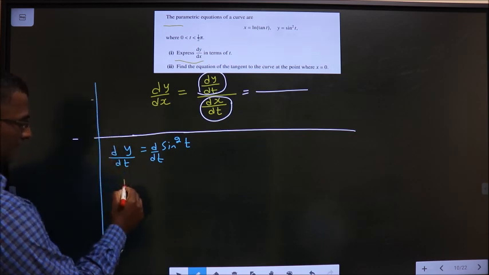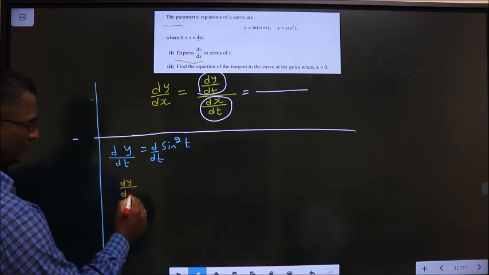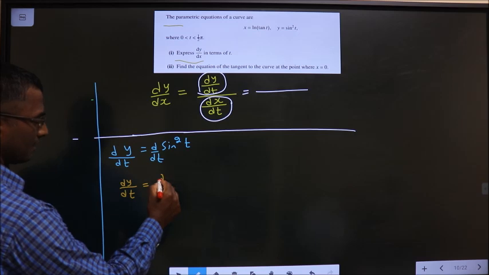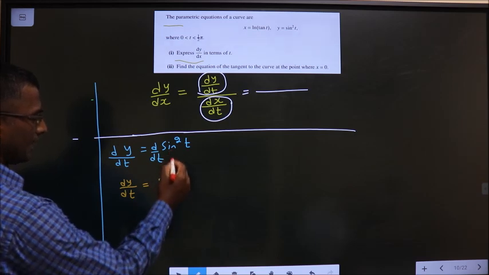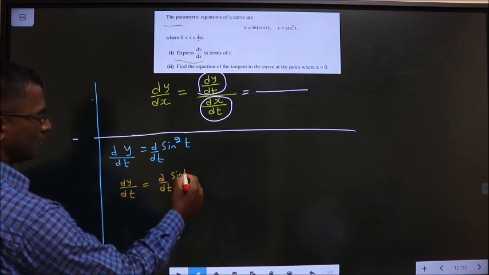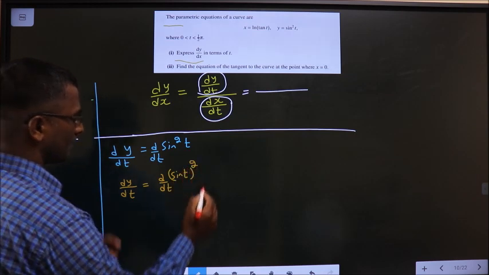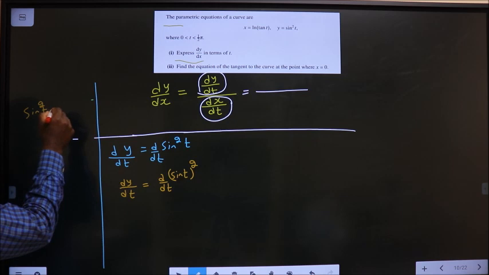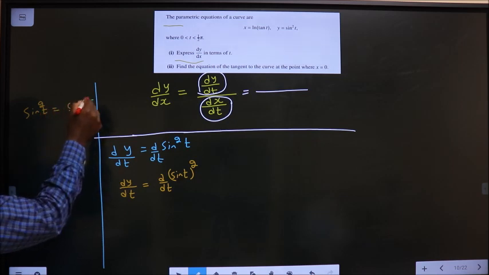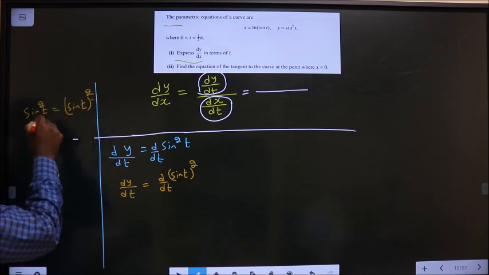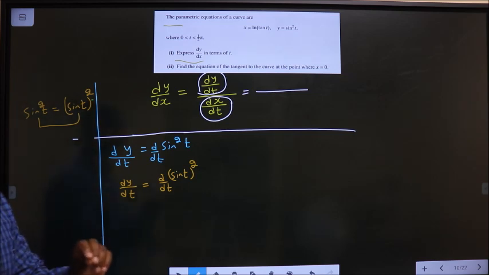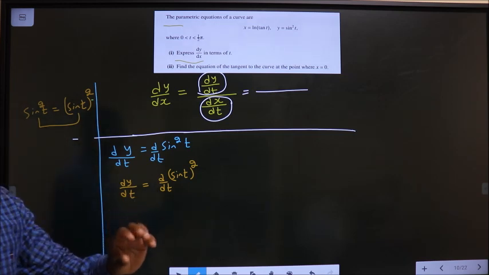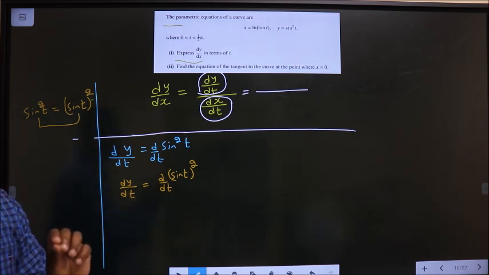Here dy by dt has no change, and over here sin square t I want to write as sin t whole square. Whether it is sin square t or sin t whole square, these two are the same.